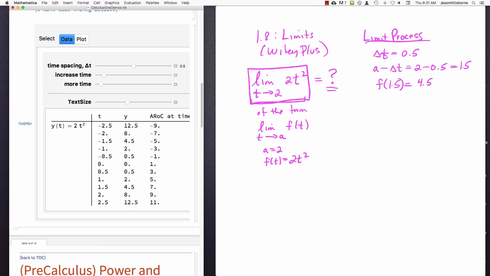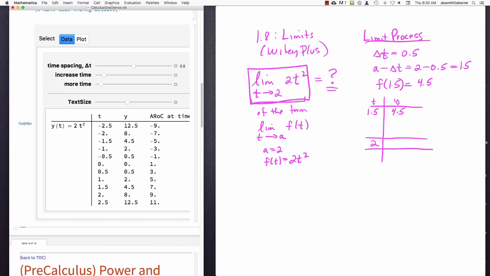All right, so what we're doing here is computing a table of values, right? The point that we're interested in is the time 2, and we looked at 1.5 and found the function was 4.5.